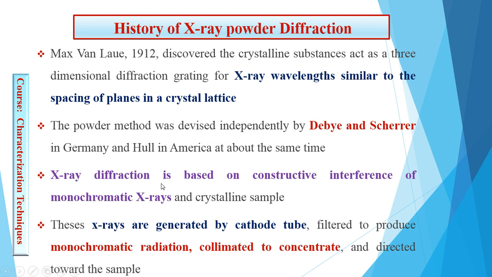X-ray diffraction is based on the constructive interference of monochromatic X-rays with crystalline samples. When the monochromatic X-rays fall on the planes of the crystal, they are diffracted, and the diffracted beams behave either constructively or destructively.